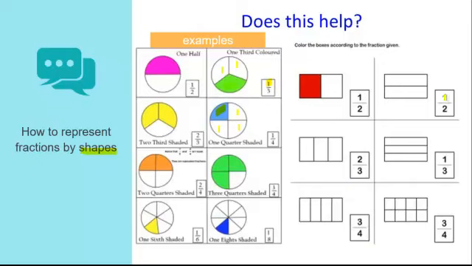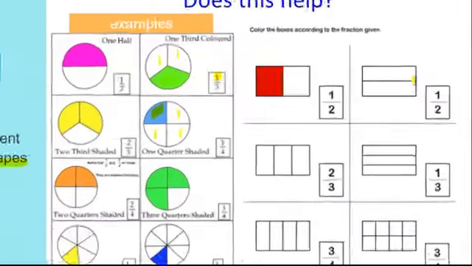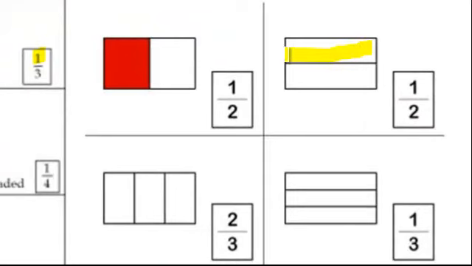So if I want to solve this, I will shade 1 out of 2. So I will shade this and leave the other one. Another example, 2 over 3. There are 3 partitions. I'll shade only 2. Okay. 1 like that, 3 over 4.